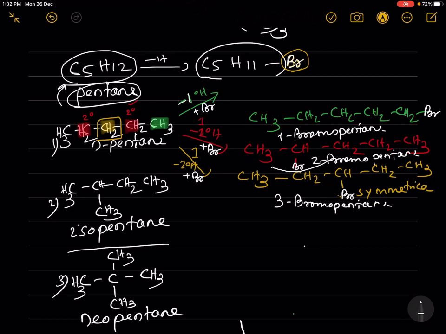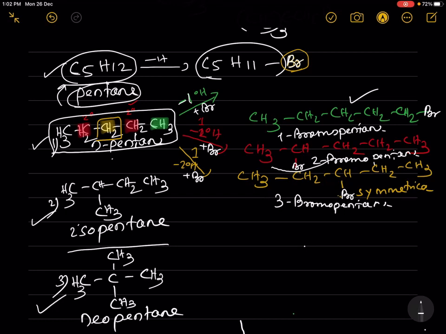So from N-pentane we can get 3 types of bromopentanes: 1-bromo, 2-bromo, 3-bromopentane. Then next one, pentane has 3 isomers: N-pentane, isopentane, neopentane.